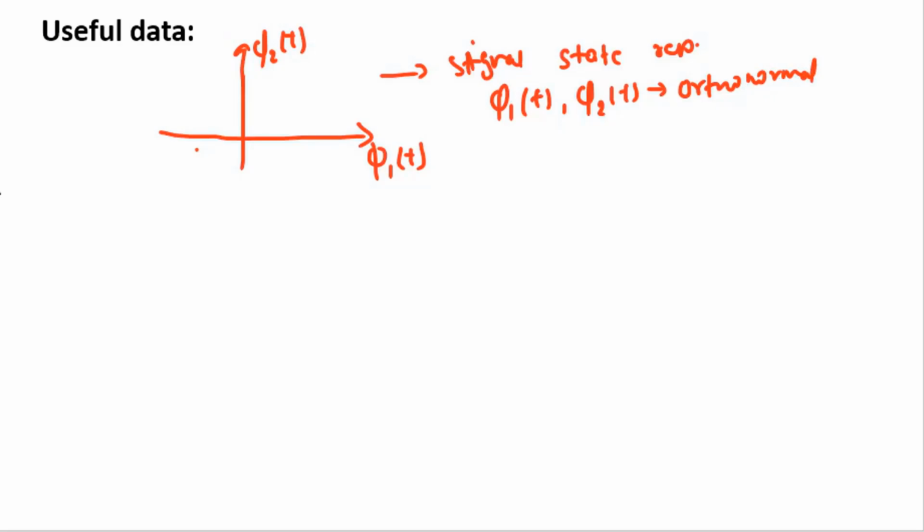So if you are given a bit, you can represent it in phi 1 of t or phi 2 of t, or a linear combination of these two.